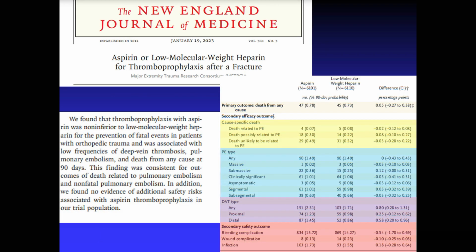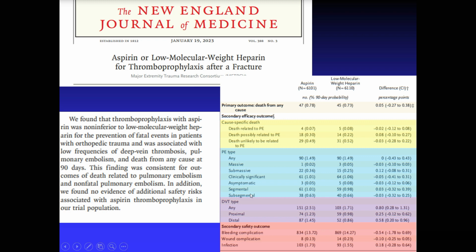In regards to VTE and bleeding complications, there was no difference between the two groups. So it was a non-inferiority study that did indeed show that aspirin was non-inferior at 81 milligrams BID to Lovenox 30 milligrams BID.